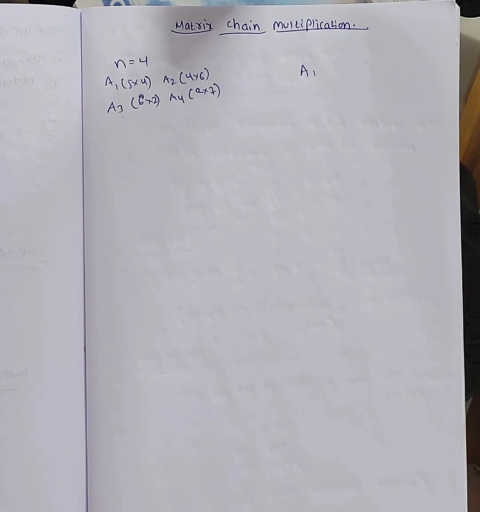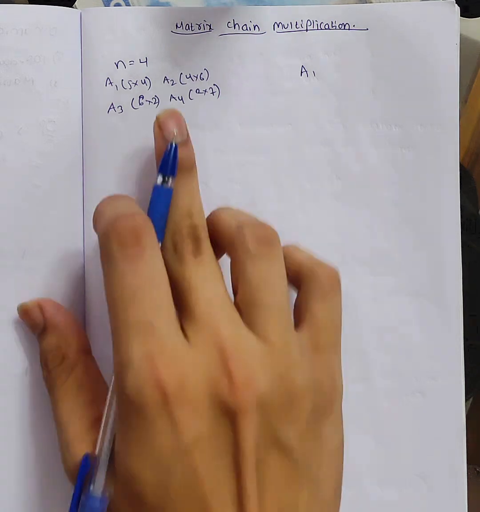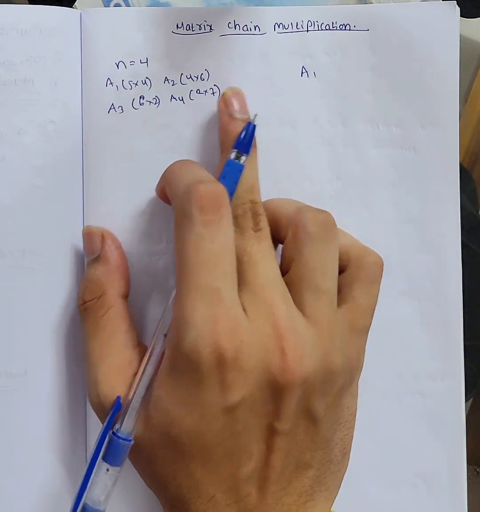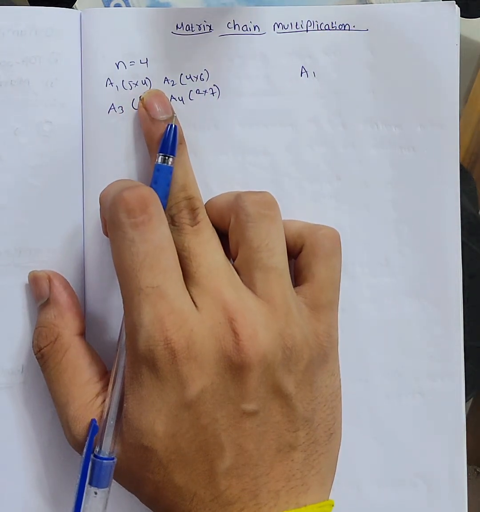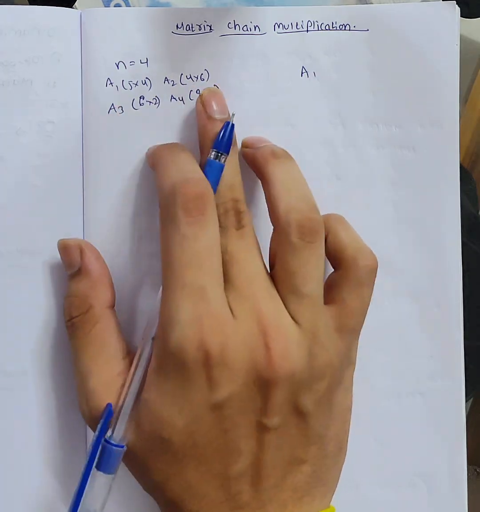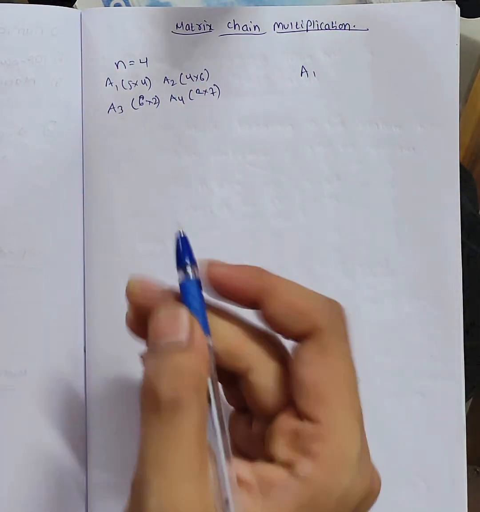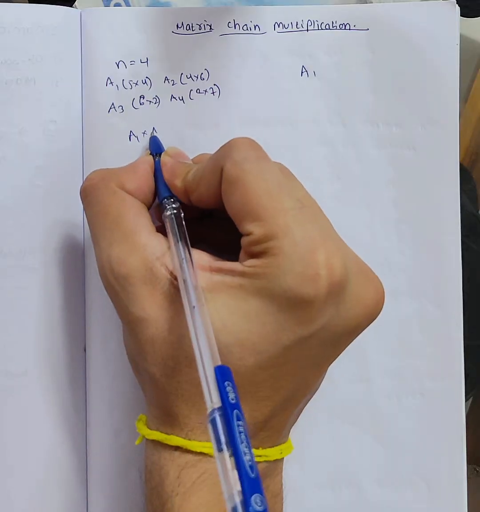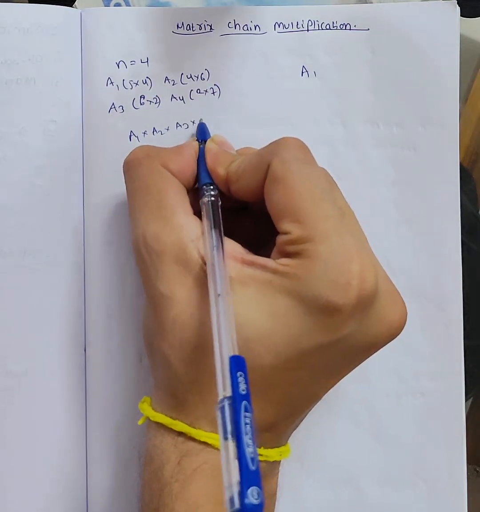So you know the basic rule of matrix multiplication: the columns of the first matrix should be equal to the rows of the second matrix. Now I have to multiply A1 into A2 into A3 into A4.